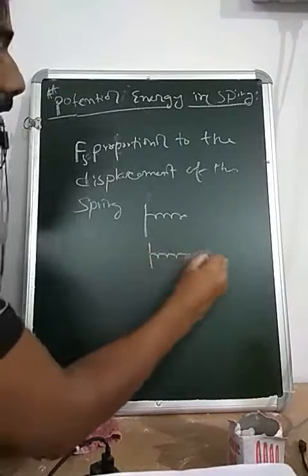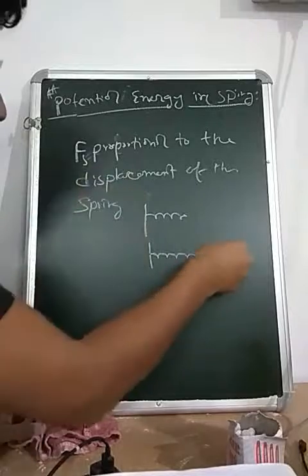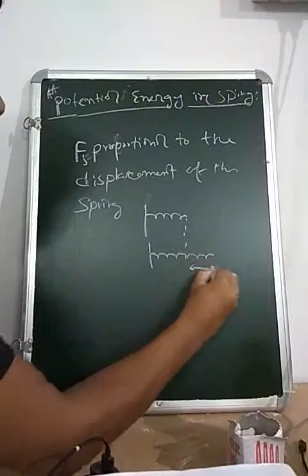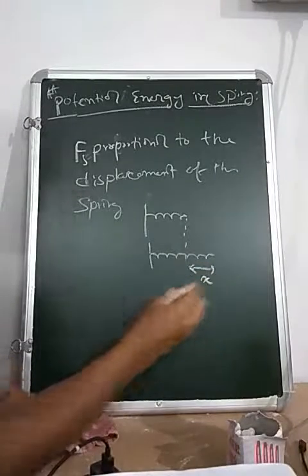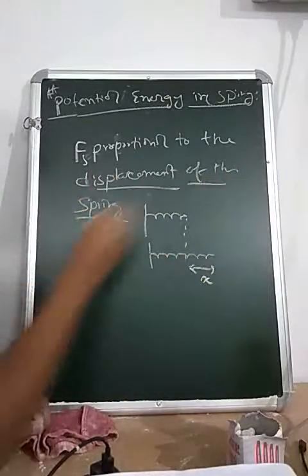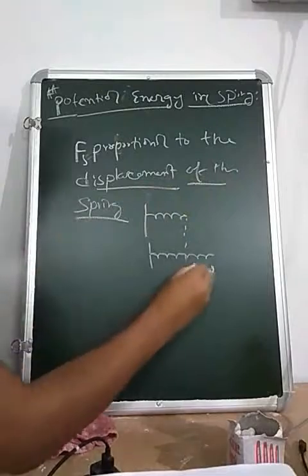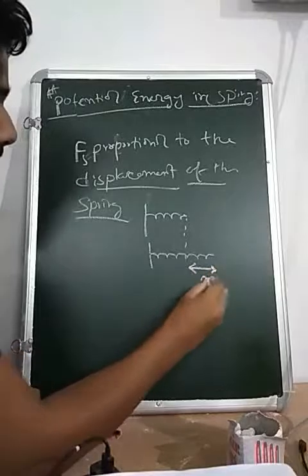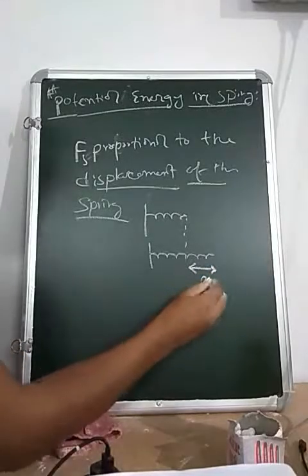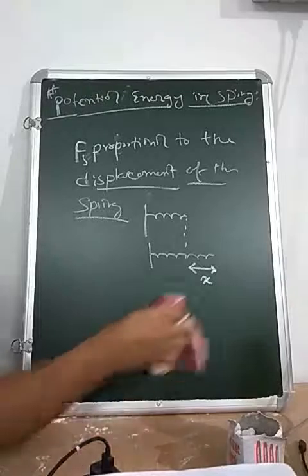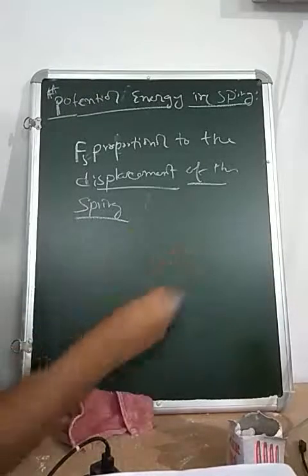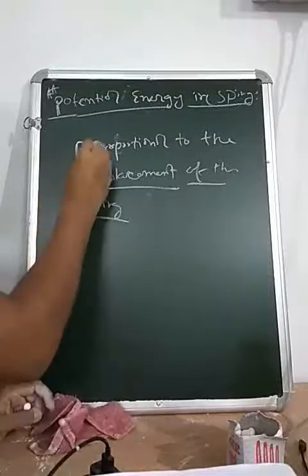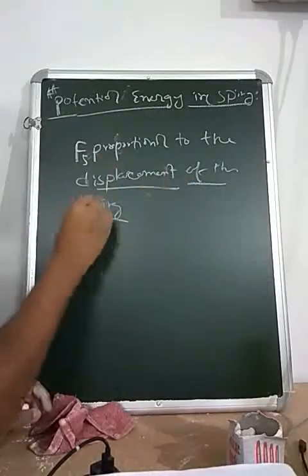Suppose we extend the spring by pulling the other end. This is the expansion, and it is called the displacement of the spring. This is x. So it is extended up to a distance x. The similar case applies in compression also. So Fs is proportional to the displacement of the spring.